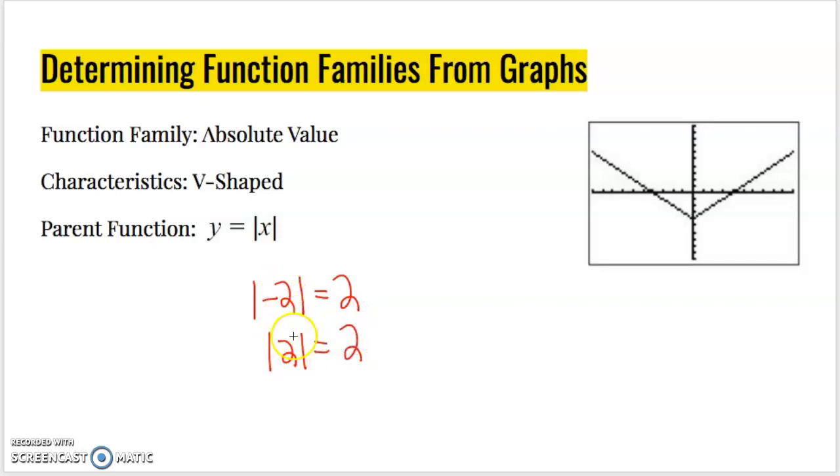So no matter what number is inside of absolute value symbols, the answer is always going to be positive. And the easiest way to represent an absolute value or recognize an absolute value graph is from its typical V shape. It doesn't have to look completely like this. It could be upside down, it could be really skinny, but as long as it makes that V shape, then you can identify that as an absolute value graph.